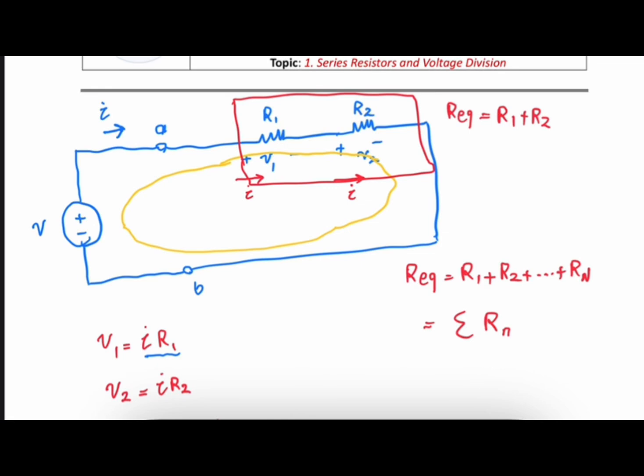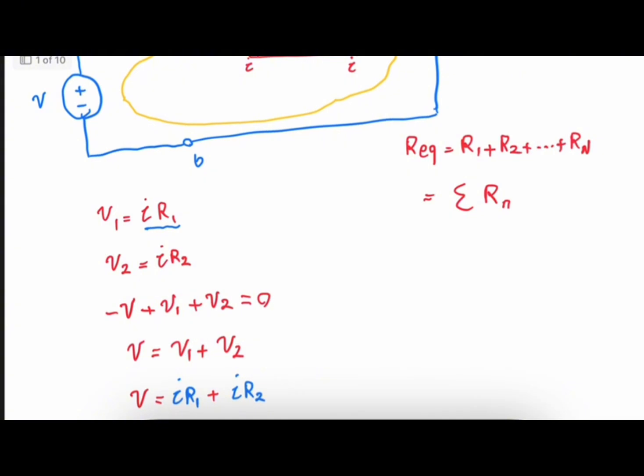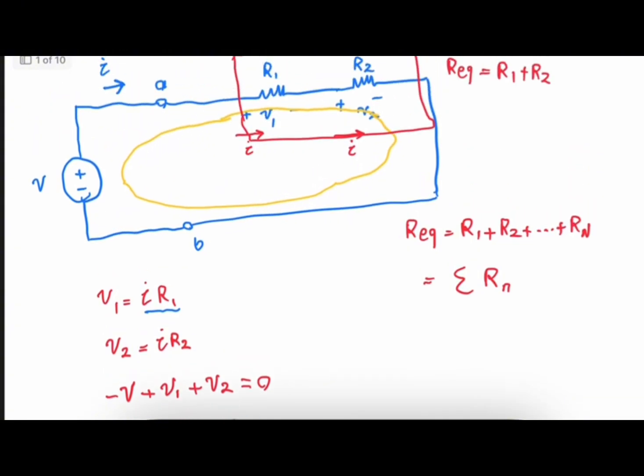Now, how do we find the voltage across each resistor? If I want to find the voltage across the first resistor, I know that V1 is equal to I R1. But what is I?